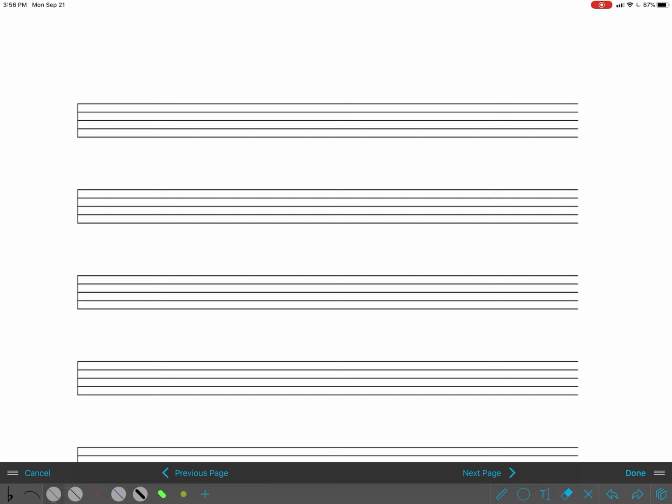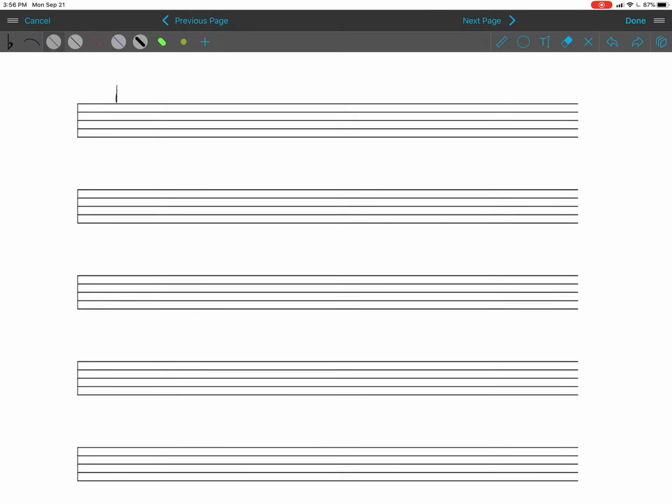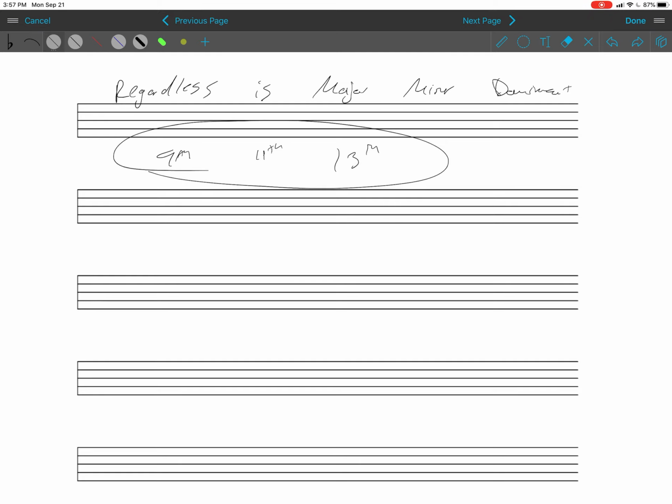The one thing that we have to remember about extensions, which will make it so we don't make a lot of mistakes in the future, is that regardless of whether your chord is major, minor, or dominant, whatever it is that you're spelling, whether it's a 9th, 11th, 13th or anything like that, these extensions, the 9, the 11, and the 13, are always going to come from the major scale.